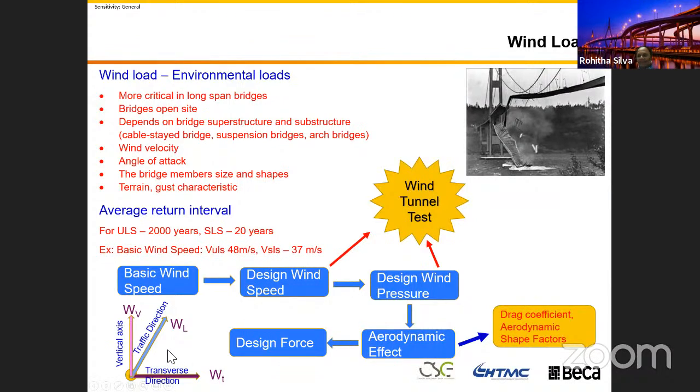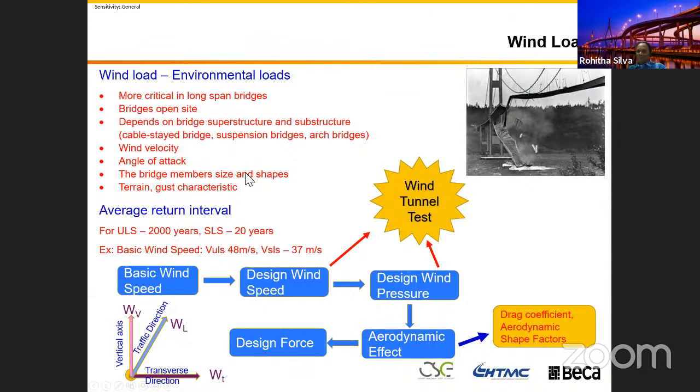Then in the longitudinal direction, and sometimes in the open area, you can see the wind can create vertical lift as well. And for some bridges, if you can't use this approach, we do the wind tunnel test.